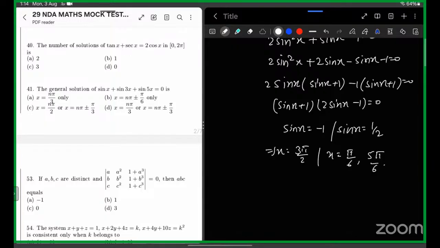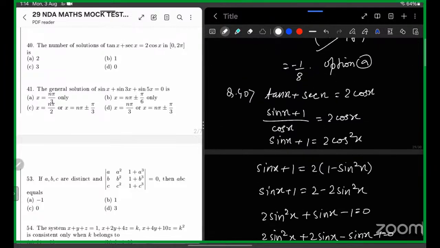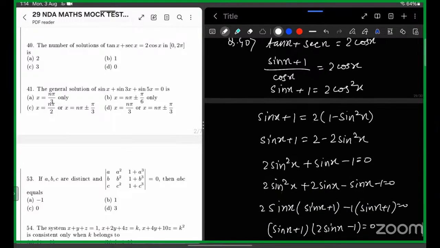डिनोमिनेटर में फंक्शन को भी देखना पड़ेगा ना, ओरिजिनल फंक्शन. With the original function denominator, they have written some cos. If I put here something, maybe it is not defined now.